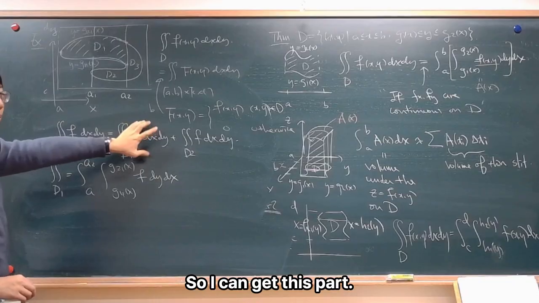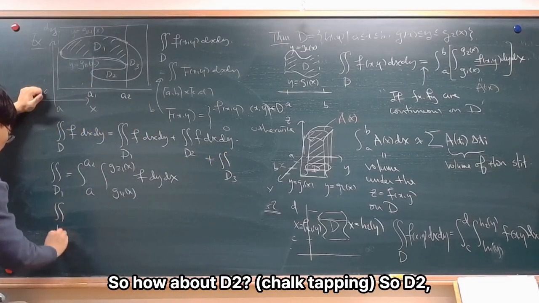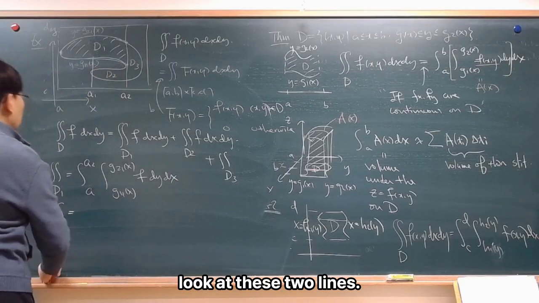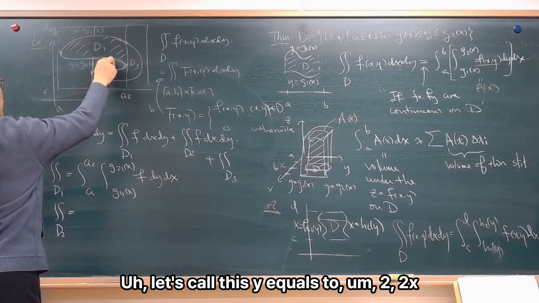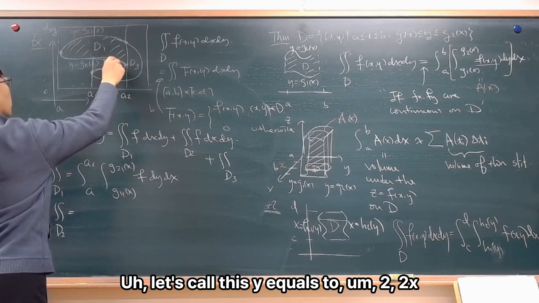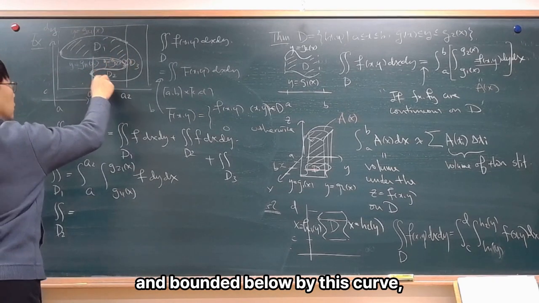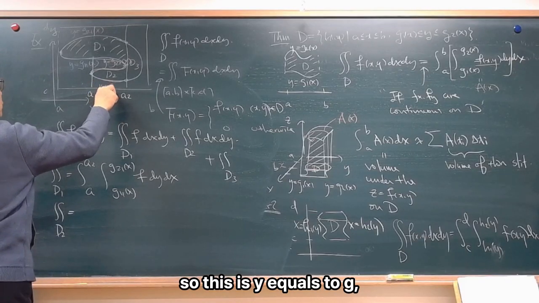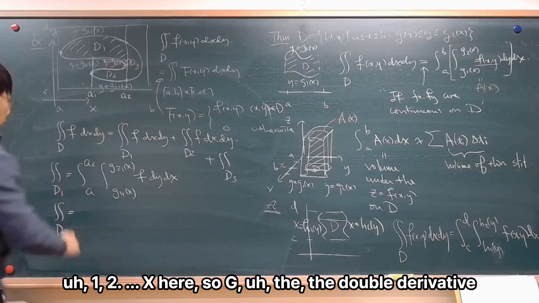Okay, so I can get this part. I forgot the D3 part. So how about D2? Look at these two lines. It's bounded above by this curve, let's call this y equals G22 of x, and bounded below by this curve, so this is y equals G12 of x here.